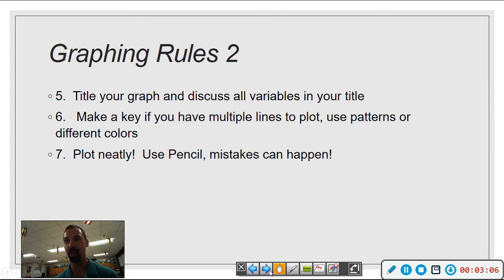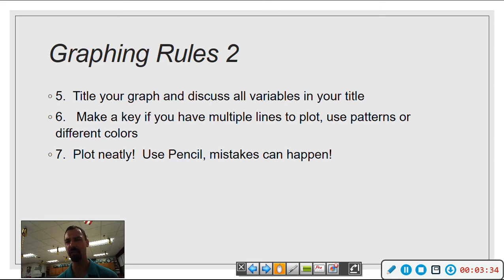Also, you've got to make a key if you have multiple lines to plot. Use patterns or different colors. Some people do that. So obviously, if you don't have colors, you could do dashed or dotted lines and make a key for each of those things. Also, plot neatly. Use pencil. Mistakes can happen. So if we're plotting on paper, make sure you're using pencil.